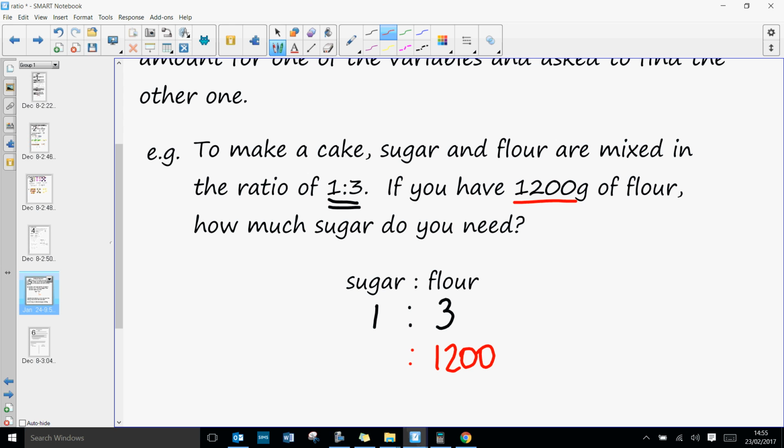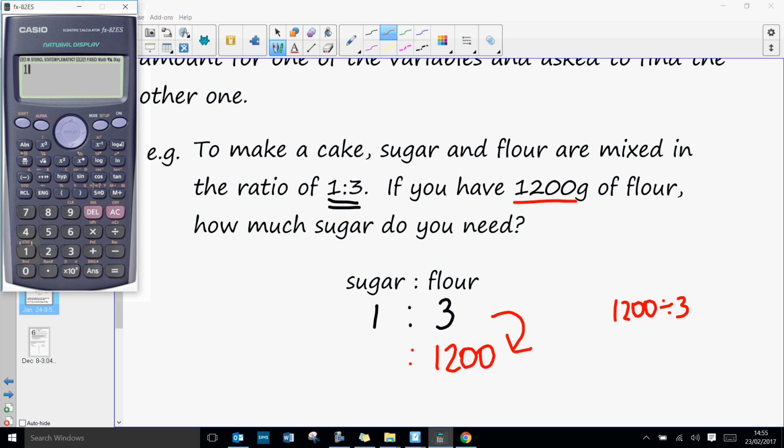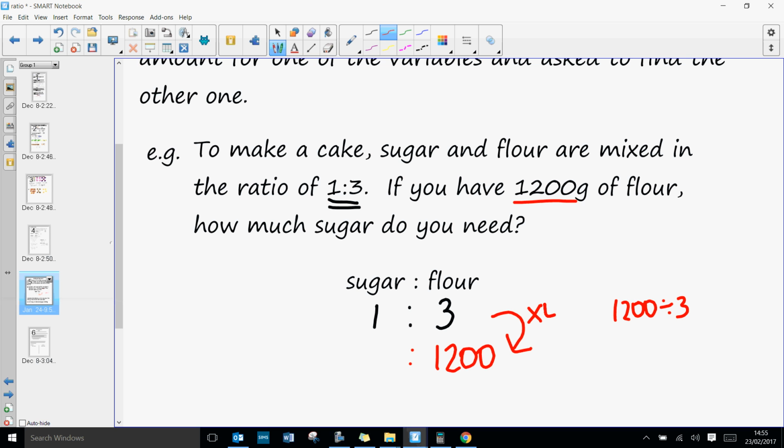So we say to ourselves, how have we gone from being a 3 to being a 1,200? And we do that by doing 1,200 divided by 3. And that means that we have multiplied by 400, which means that we would do the same to the other side, which means that sugar would be 400 grams.